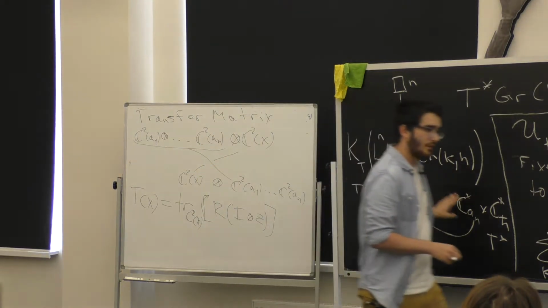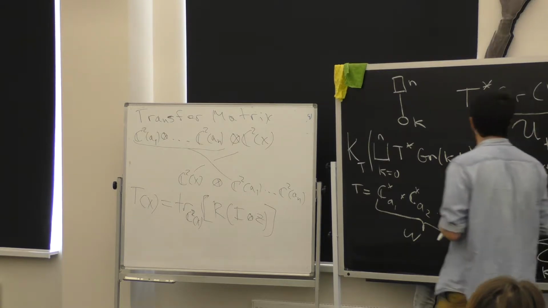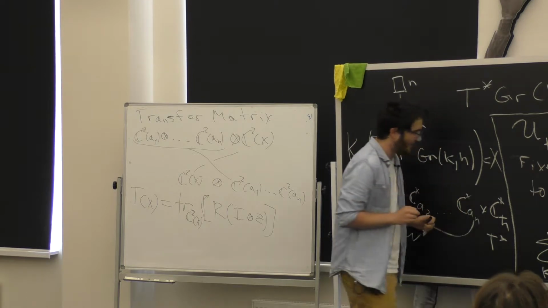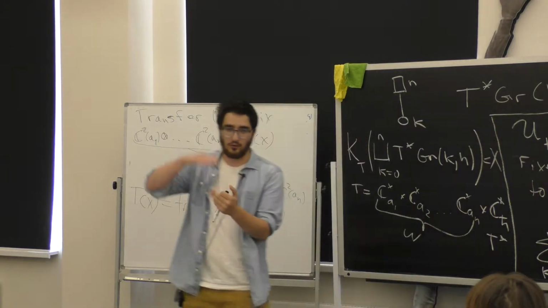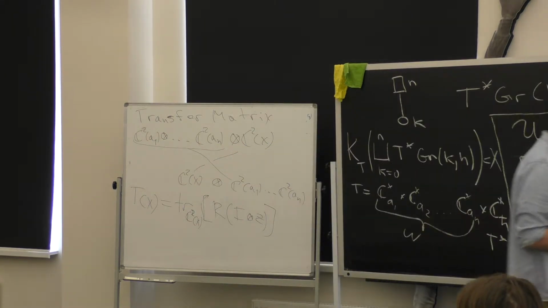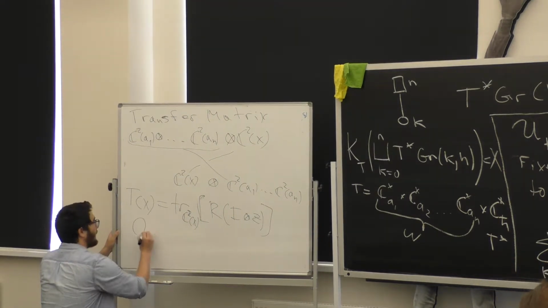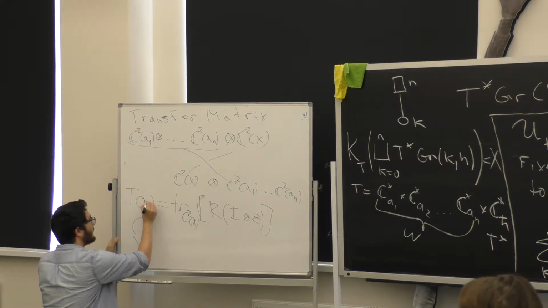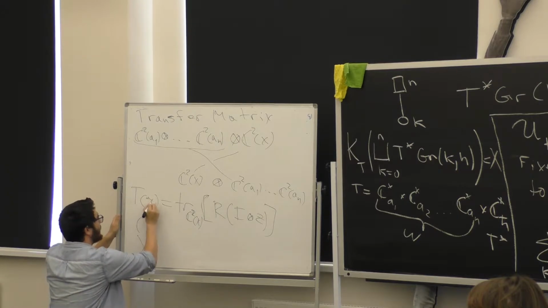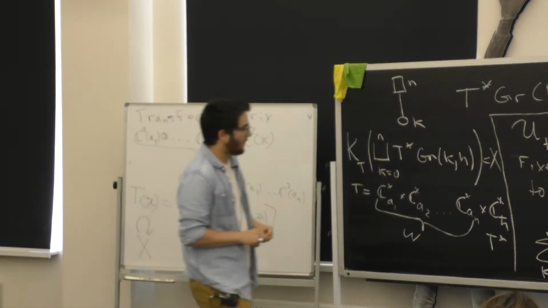I should call this something. What's a good name for a big vector space like this one? Let's call it X. It's a bad name because the quiver variety is usually X, but z is just an extra parameter for the trace. It's just a weight of the trace. So now this is an operator that acts on X. This is little x, and this is the capital X.